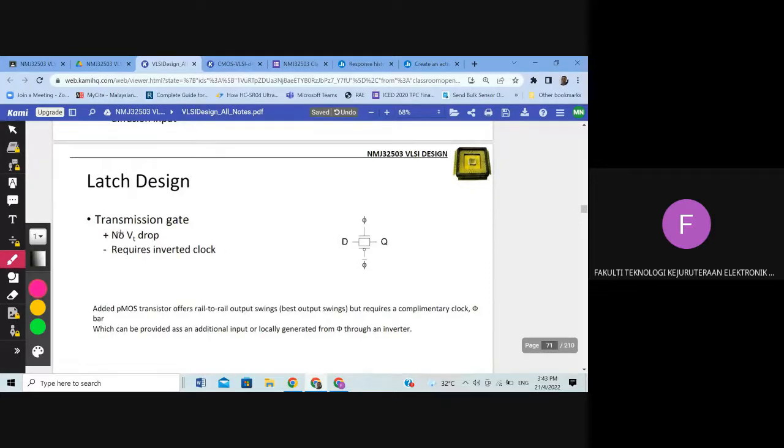They use a transmission gate, whereby we have another transistor here instead of only one transistor. It has the advantage of no threshold voltage drop, but it requires an inverted clock here.